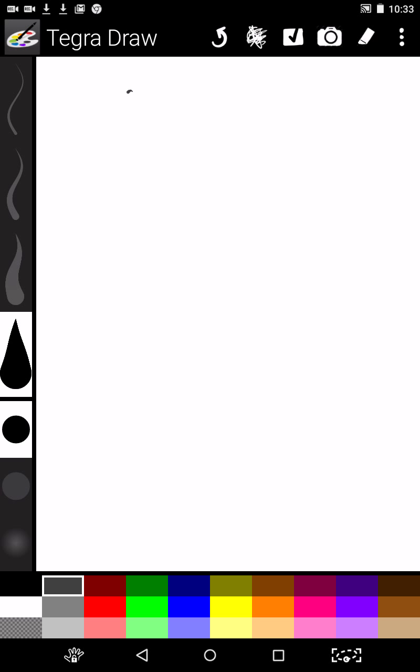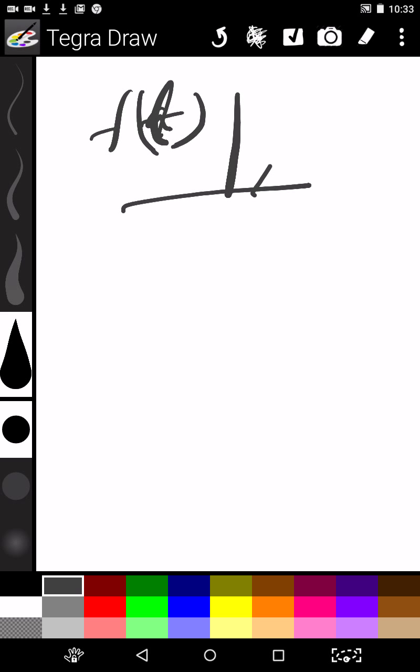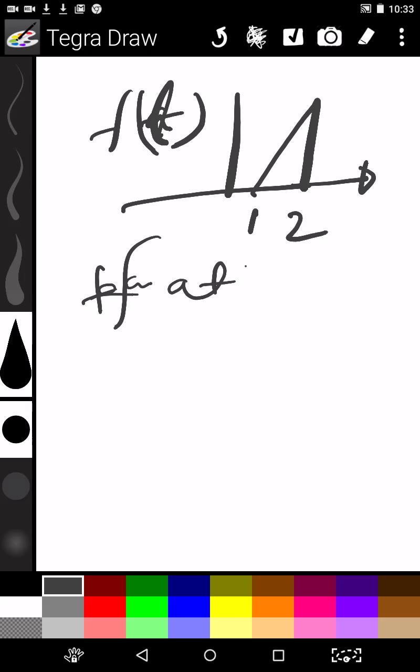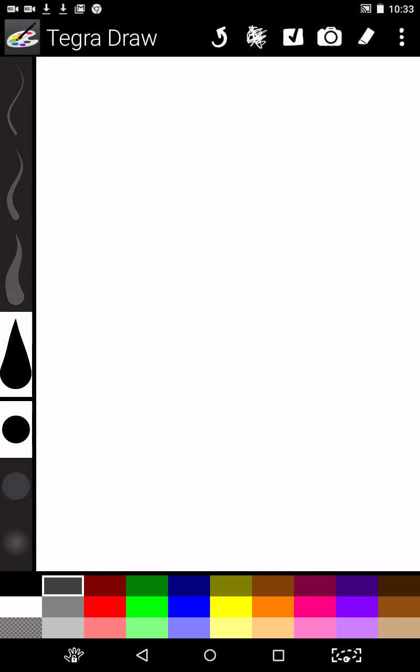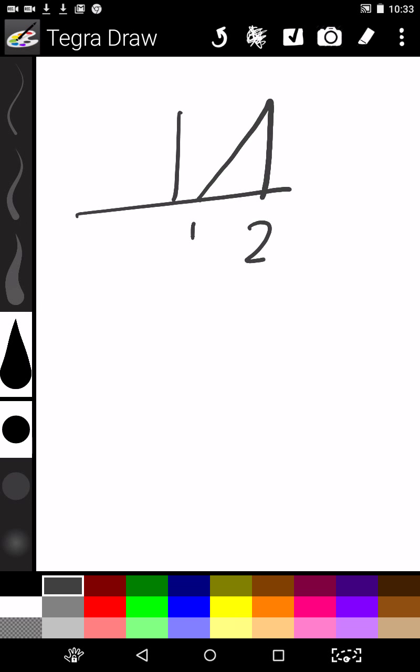Similarly, for compression, let f of t be this one, 1 and 2. For f of at, for a greater than 1, let a equal to 2. We can plot f of at for a equal to 2. How will I plot? This one, 1 and 2.